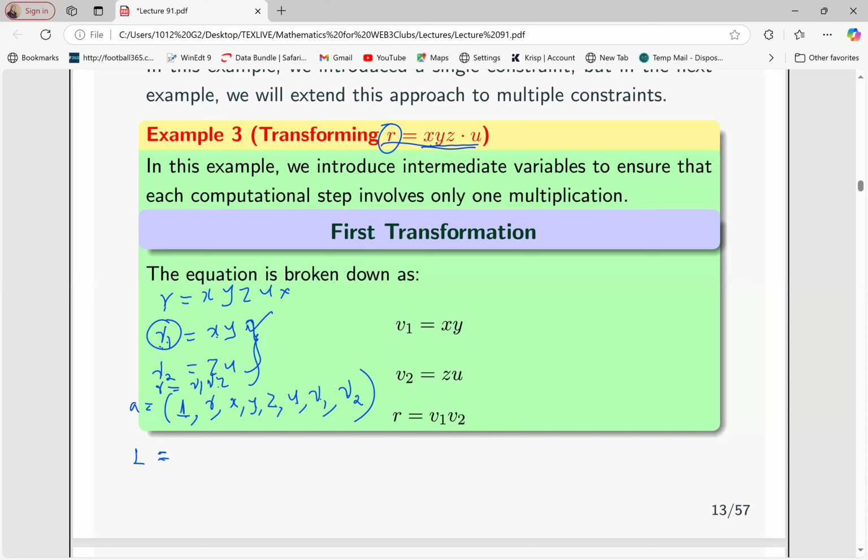You begin with the first row. The leftmost is X. So the first row is 1, R, X, Y, Z, U, V1, V2.